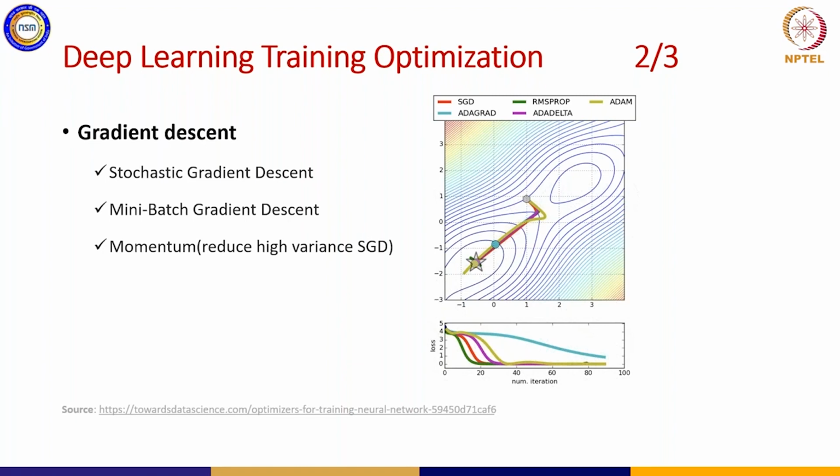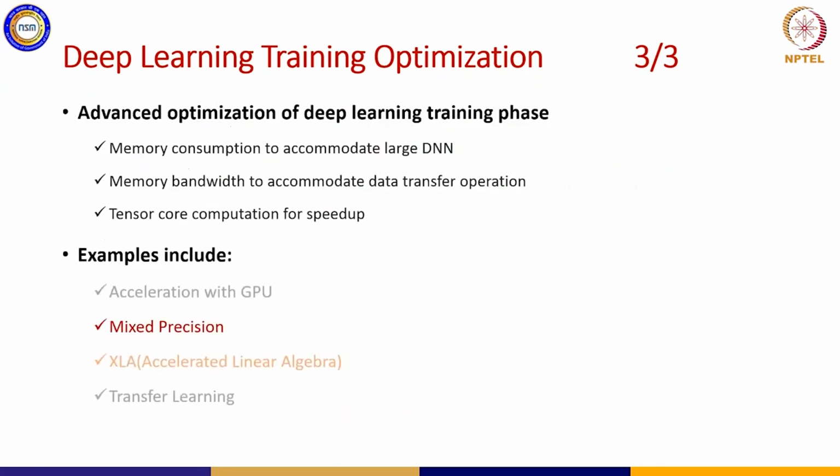As training models become more complex and researchers try to solve complex tasks, larger models need to be built, and more data is required to build these models. In this light, there is a need for advanced optimization in the deep learning training phase.